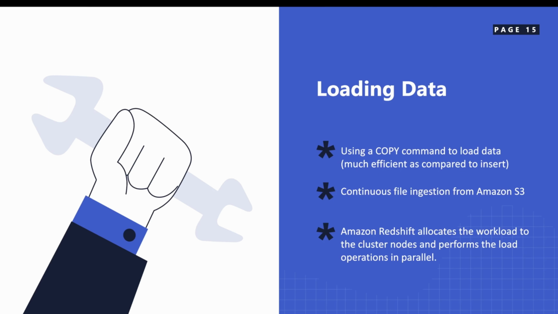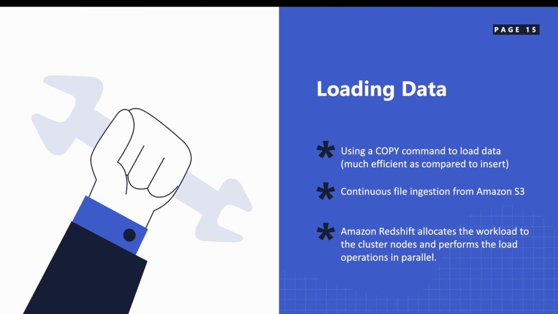Loading data in Amazon Redshift means that we are trying to load the data from the data lake to the data warehouse. As we discussed, all the structured data is stored in the data warehouse. Data which is unstructured or semi-structured, where there is no constraint on the data, is stored in the data lake.